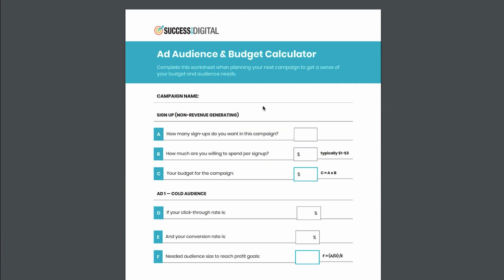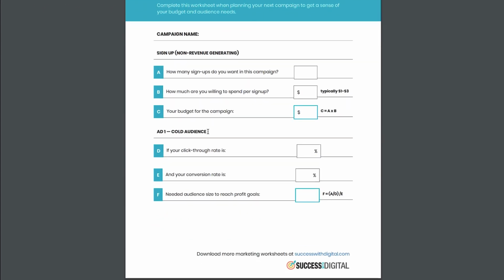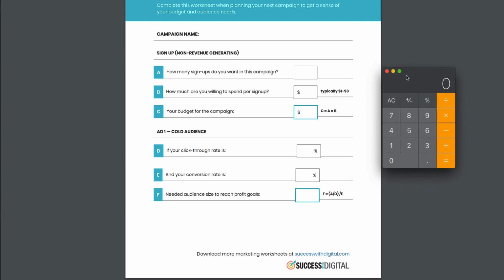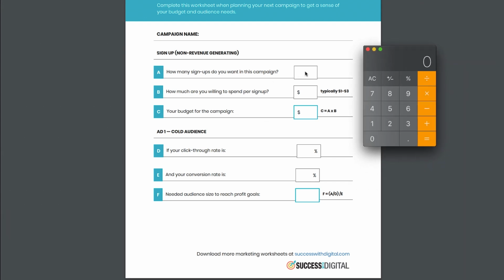All right. So in the first section, it's all about non-revenue generating. So the first thing that you're going to want to do is map out how many signups do you want in this campaign. So if you're collecting emails, how many do you want to collect during this campaign? And then the next thing is to look at how much are you willing to spend per sign up. So typically this would cost anywhere from $1 to $3, depending on your industry and your location.